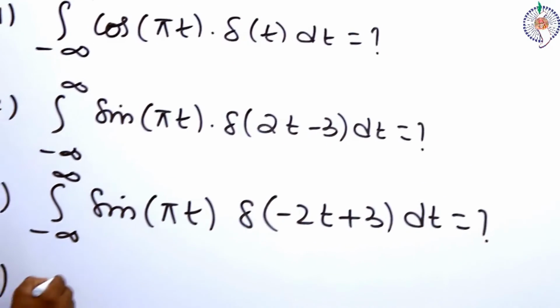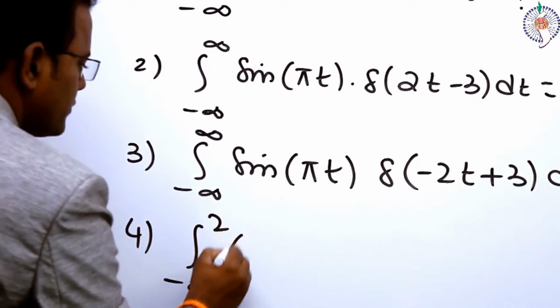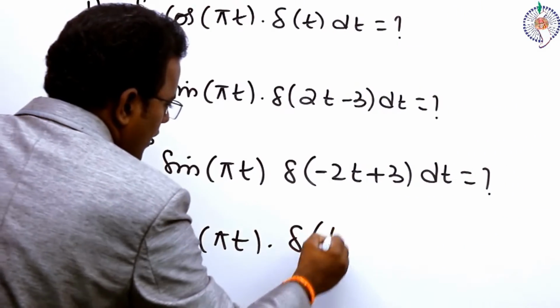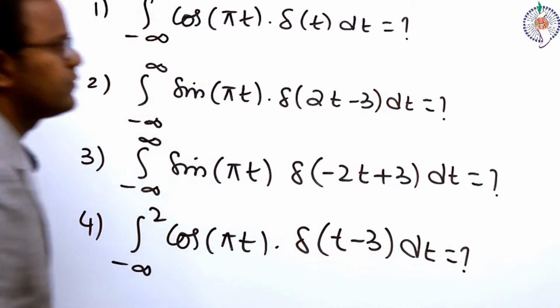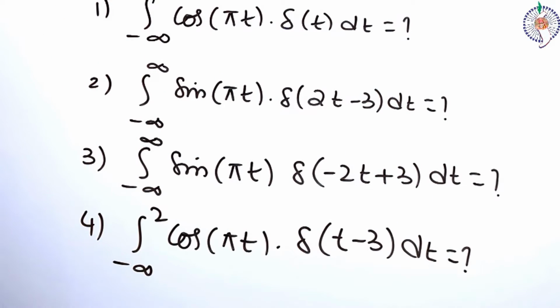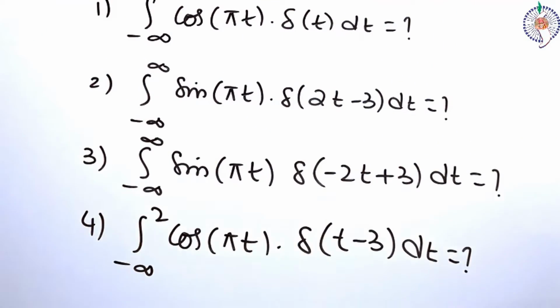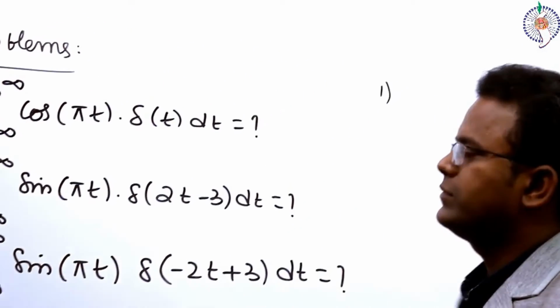Fourth one, integral minus infinity to 2 cos pi t into delta of t minus 3 dt. Solve the 4 problems. Come to the first one.